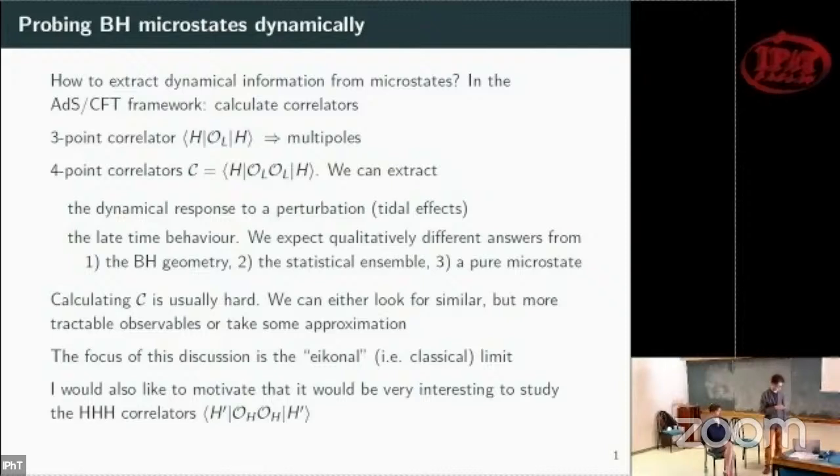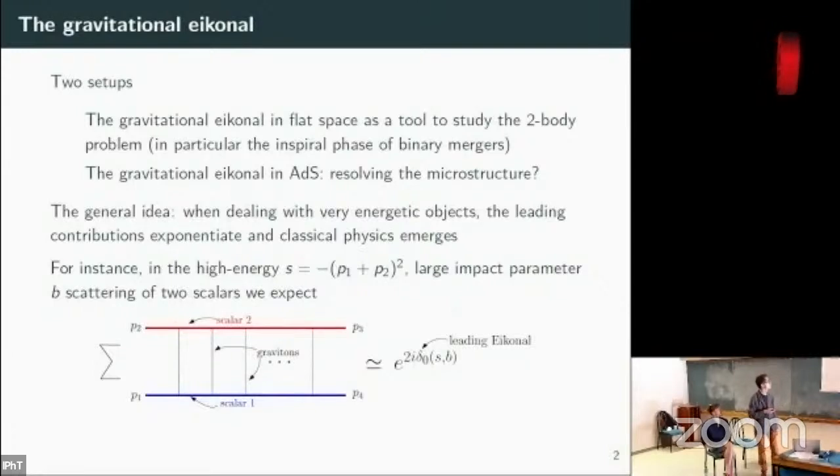So exactly, in order to do this, let me take a step back and go to asymptotically flat space. The idea is the following. Let me set it up in the simplest possible setup. Think about modeling the heavy state as just a minimally coupled scalar to gravity.